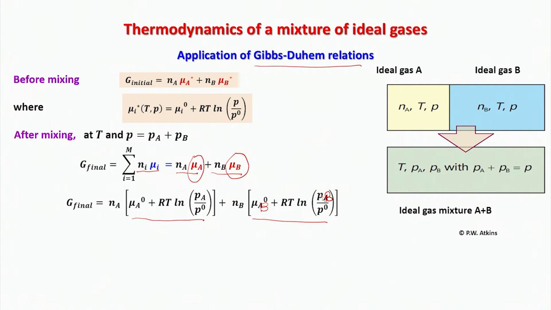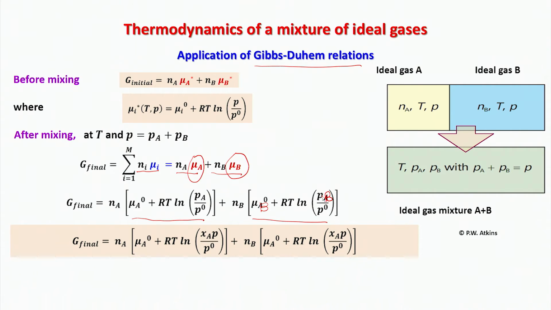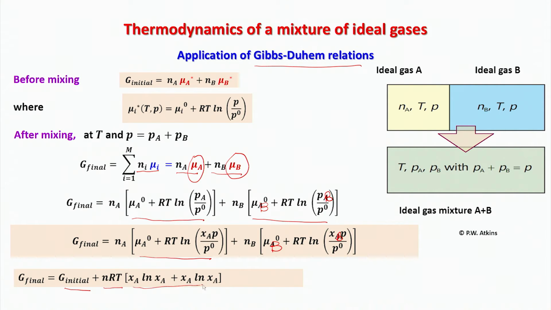Now what you find here is that I have a generic expression for G final, where I have Na multiplied by some quantity plus Nb multiplied by mu B naught plus xbp by P naught, and therefore G final can be very easily shown to be equal to G initial plus nRT into a term which is xa ln xa plus xb ln xb.